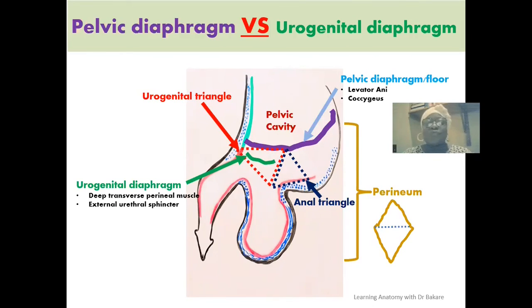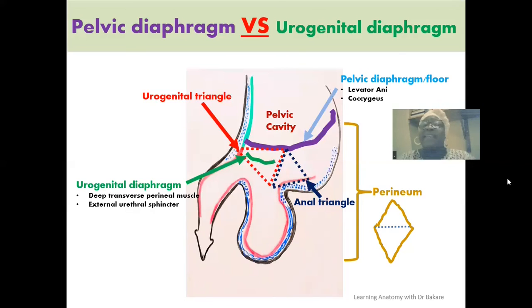These are the two muscles that form the structural component of the urogenital diaphragm. We also have some additional muscles that are specific to females, but if you go through my lecture on the urogenital diaphragm, you will see that in that lecture we try to highlight these muscles. So this is what the urogenital diaphragm represents.